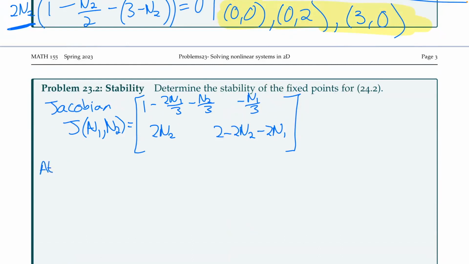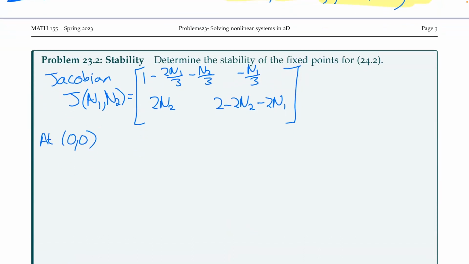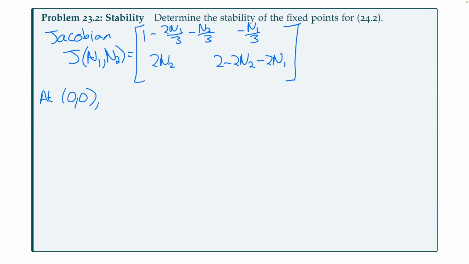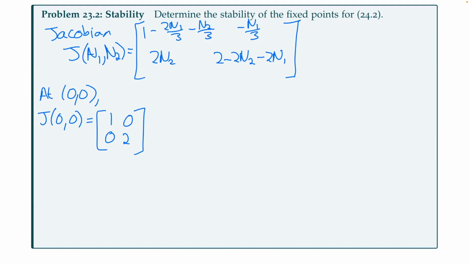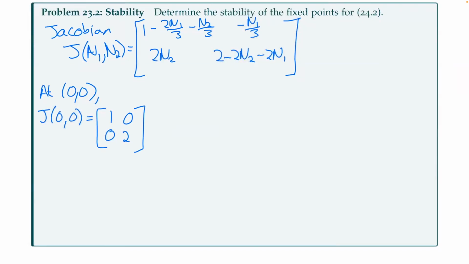Okay, so let's think of (0, 0). J of (0, 0) is going to be 1, 0, 0, 2. This is in diagonal form, so we can read off our eigenvalues straight away: 1 and 2.